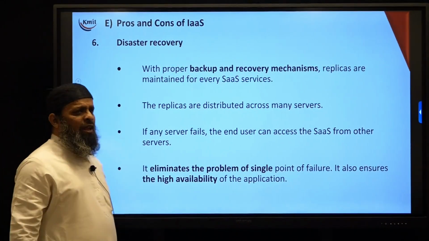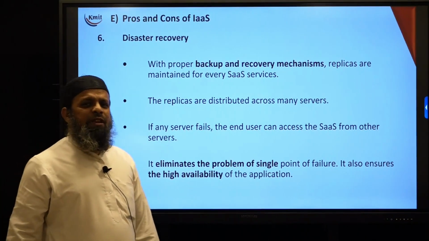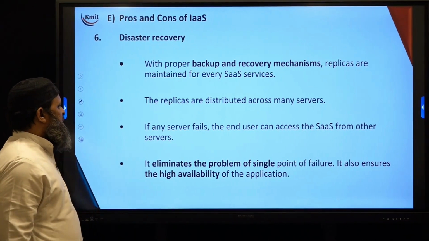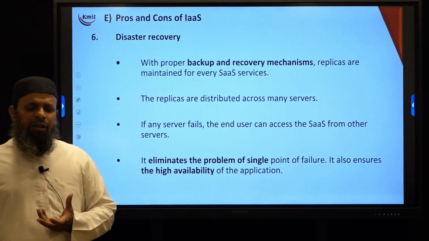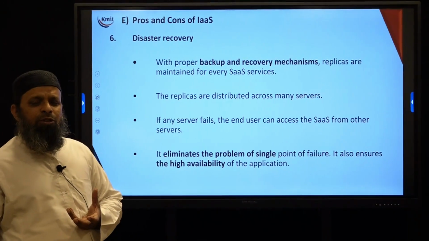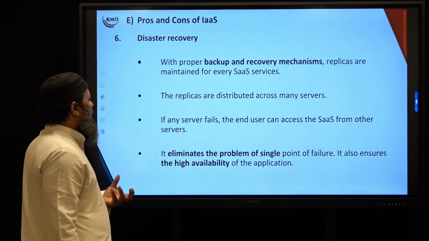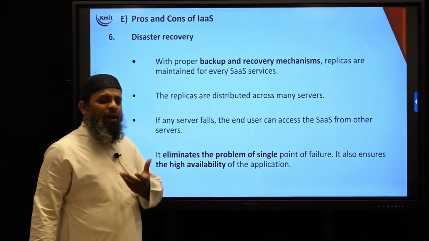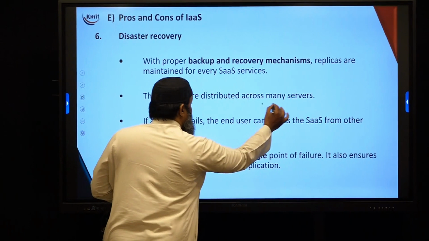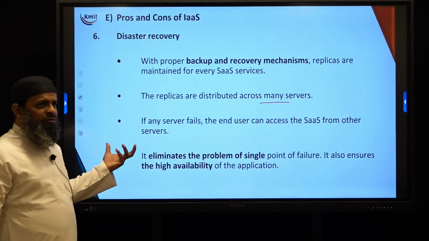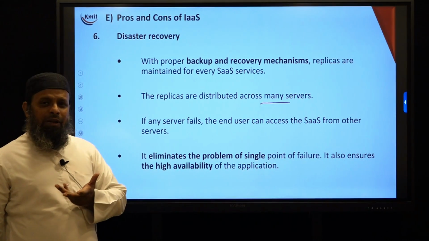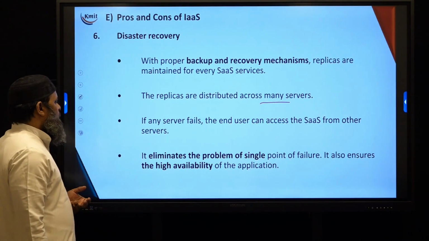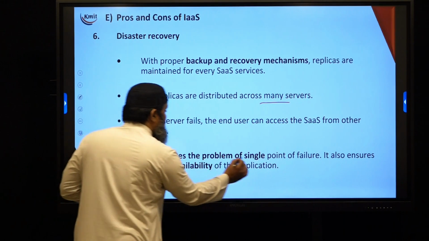Next, disaster recovery. A backup and recovery mechanism is available, so no data will be lost. The confidential and important information of the organization is replicated, and it is distributed across many servers. If any server fails, the end user may get the data from another server. So as a replica is made and sent to some other server, it eliminates the problem of a single point of failure.